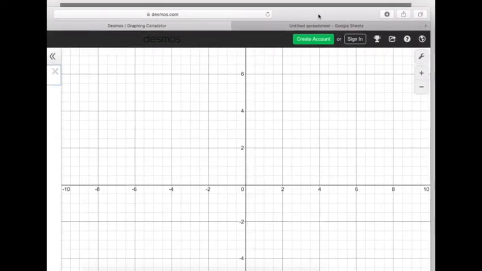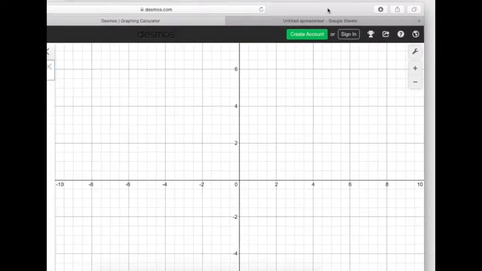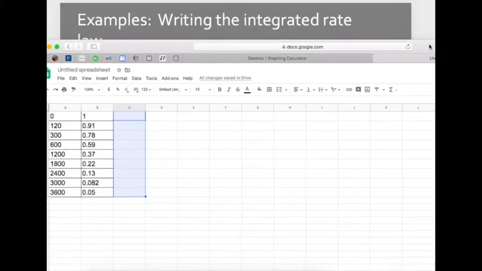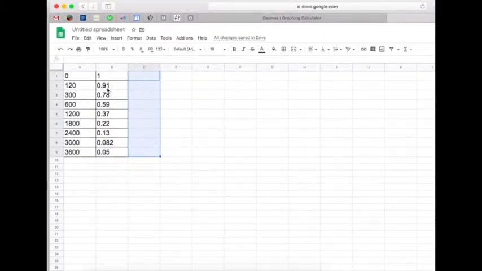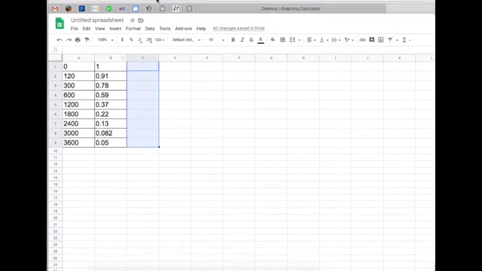The best way to do this is to first make a spreadsheet of the data. So I just copy the data down into a Google Sheet. Here you can see I have time and concentration data. And what other two things do I need to check? I need to check natural log of concentration data. So I'm just going to type equals LN of B1, hit enter.